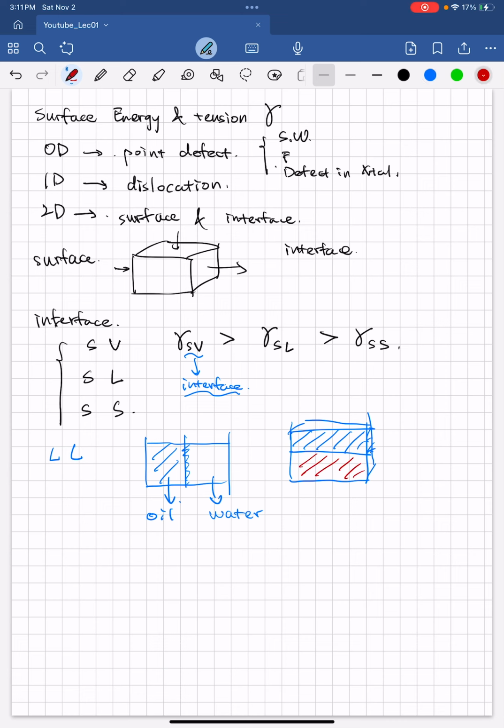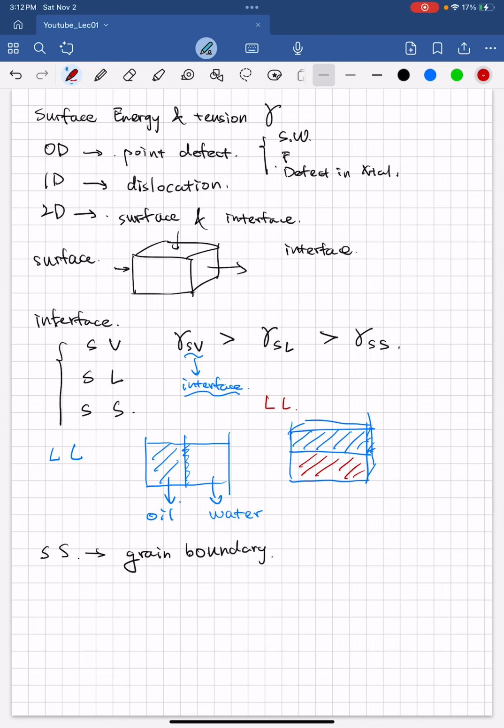And these are all liquid interfaces. And what is a solid-solid interface? It is grain boundary, which is very crucial for material scientists.